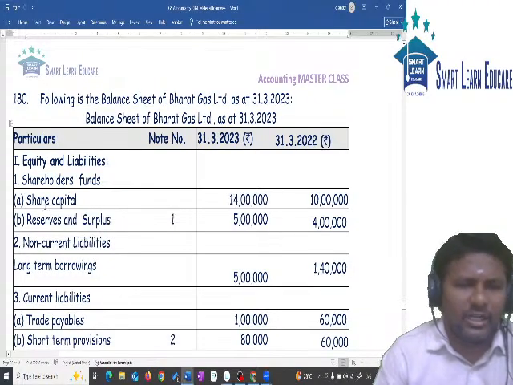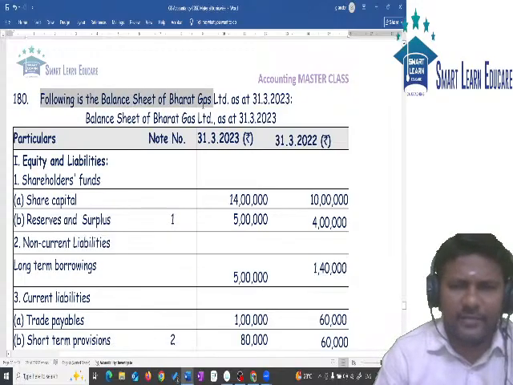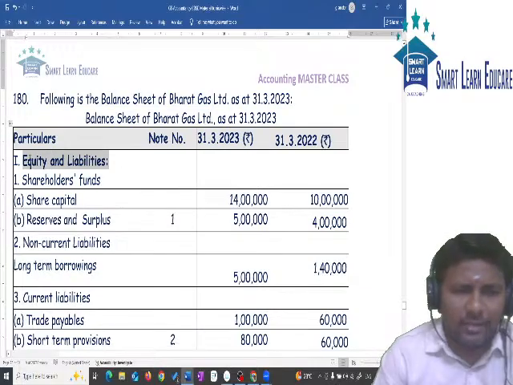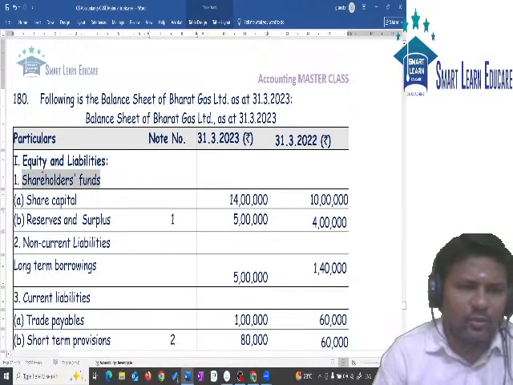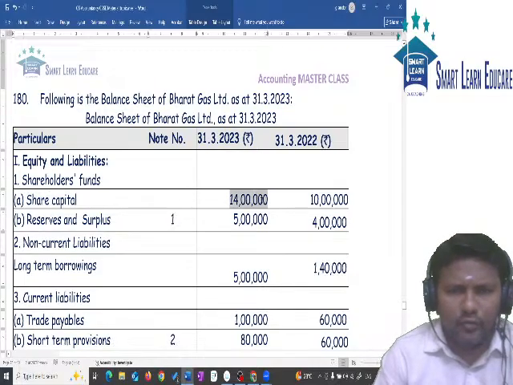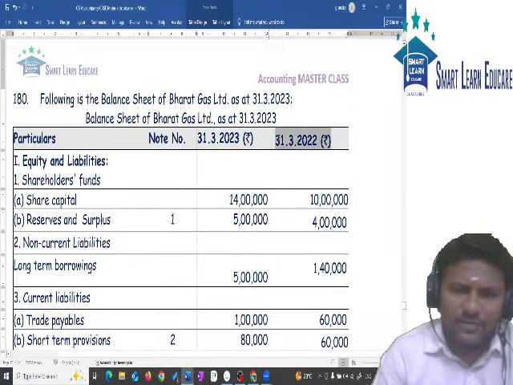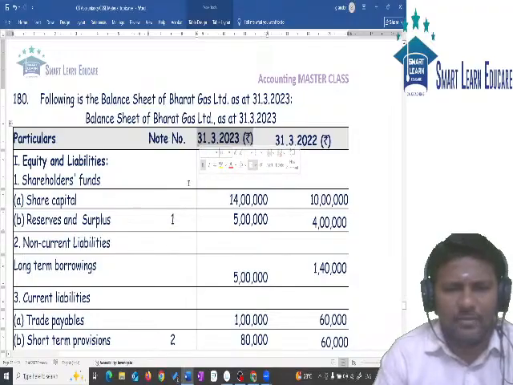Read question number 180. Following is a balance sheet of Bharat Gas Limited. First, equity and liability. Second, shareholders fund. In that we have share capital, 14 lakhs and 10 lakhs, for 31st March 2022 opening balance and 31st March 23 closing balance.